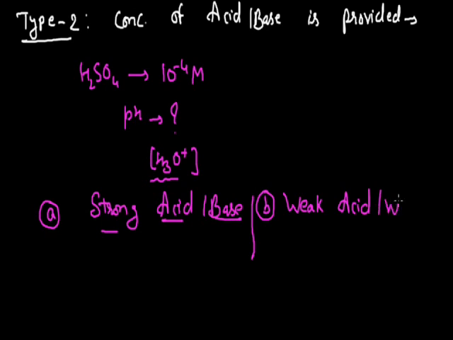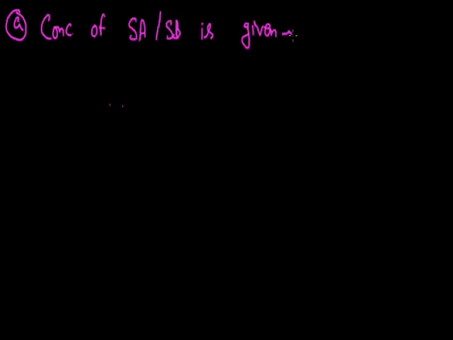So here first we are to calculate the pH of strong acid and strong base containing solutions, where the concentration of hydronium ion is not provided and the concentration of acid and base is provided. So now we are to discuss the first type, where the concentration of strong acid and strong base is given.